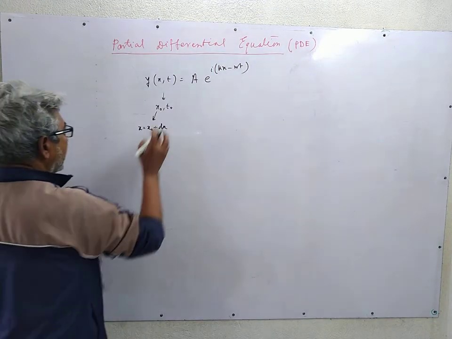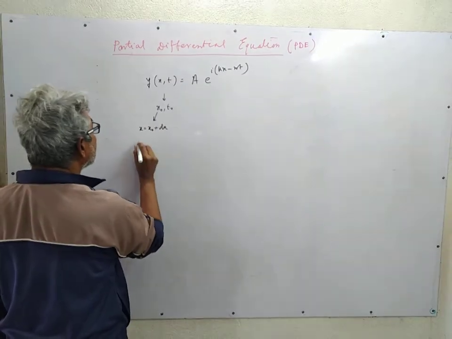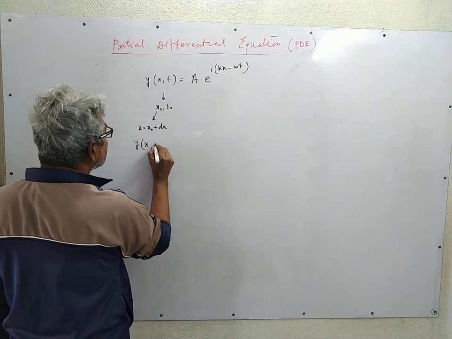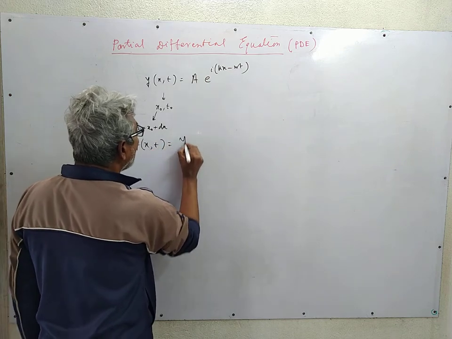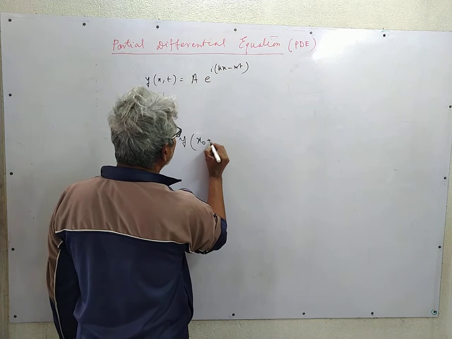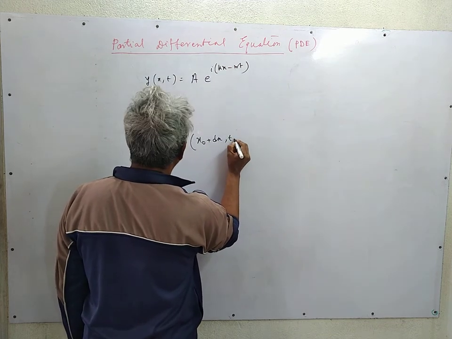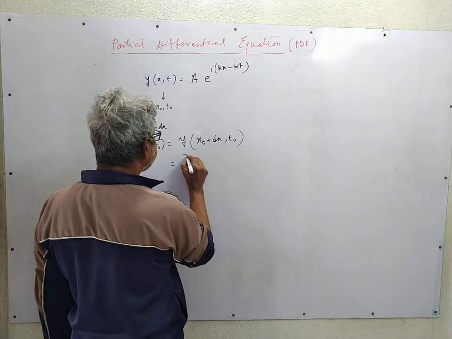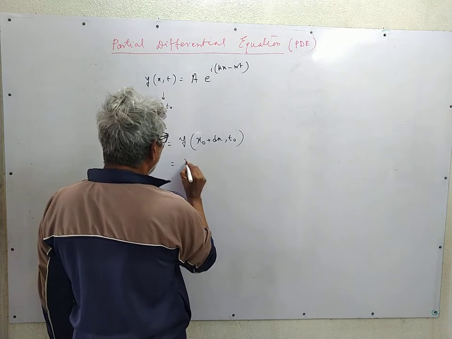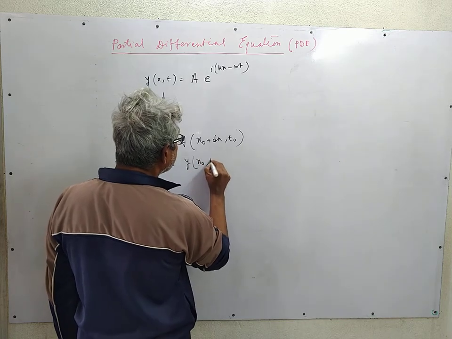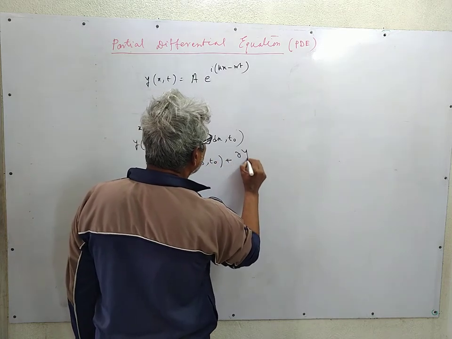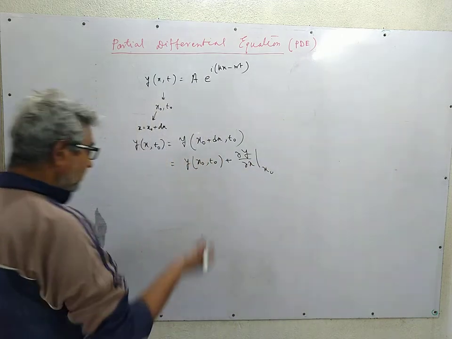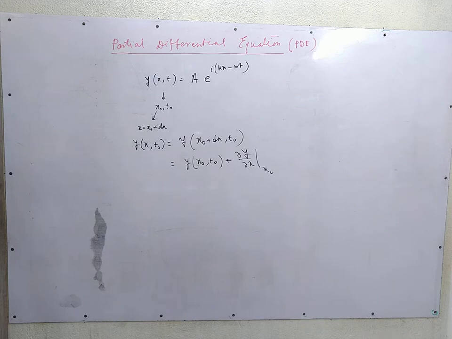This is given by a Taylor expansion of y about x0. So we get y at x0 plus dx, t0, which is basically y at x0 t0 plus del y del x at x0, if we keep only up to the first order term.